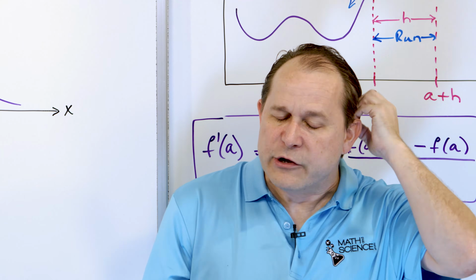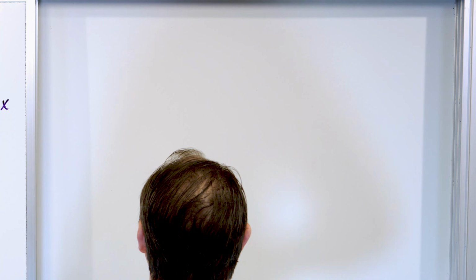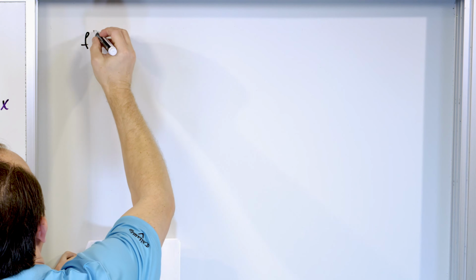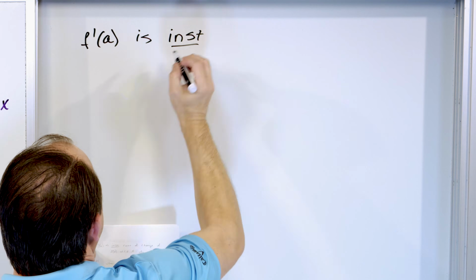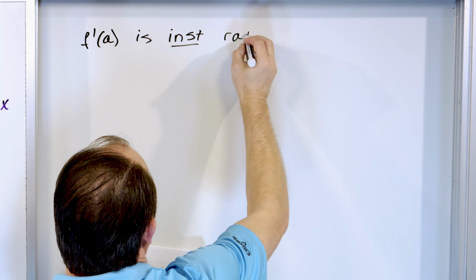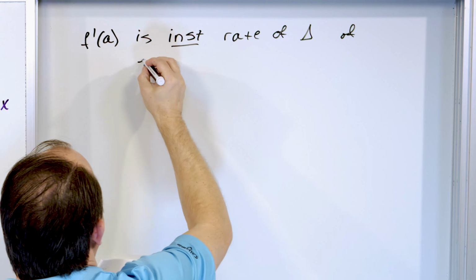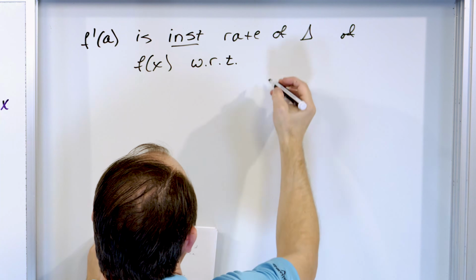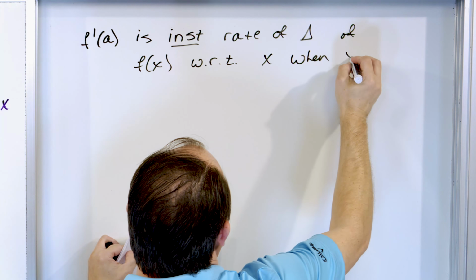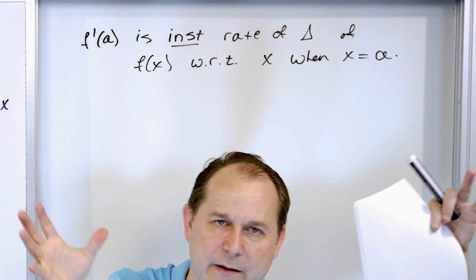So we need to talk a little bit more about rate of change. So when I say instantaneous rate of change, I might say something like f prime at A is the instantaneous, that's what INST means, instantaneous rate of change, triangle means change, rate of change, of f of x with respect to, that's what WRT means, with respect to x when x is equal to A. So this is the kind of thing you'll see in a book, but it'll be written in a box with a theorem and it'll look very scary.